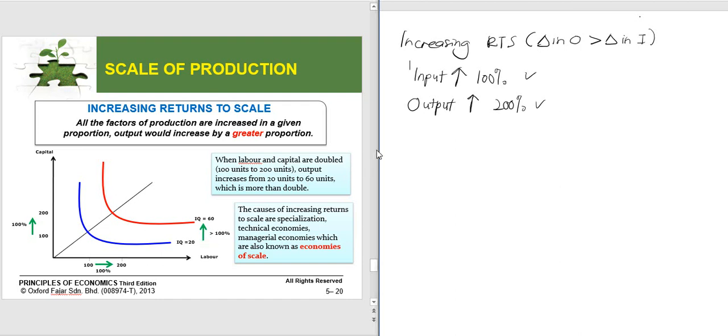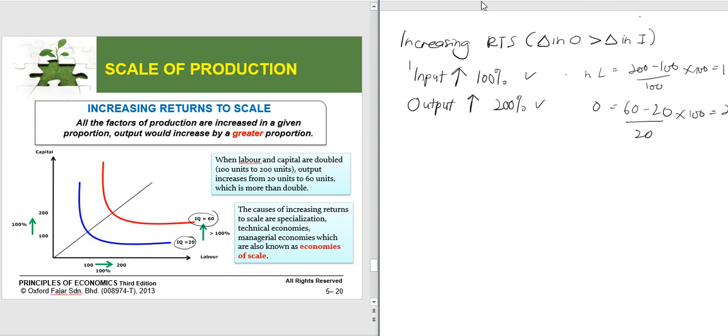You can actually calculate the percentage. For example, from 100 to 200, the percentage change in labor is 200 minus 100 divided by 100 times 100, so you get 100%. The change in output here, you can see from the first isoquant to the second isoquant, is from 20 units to 60 units. So the change in output is 60 minus 20 divided by 20 times 100, so you will get 200%. That is how you calculate the percentage change in input and output.